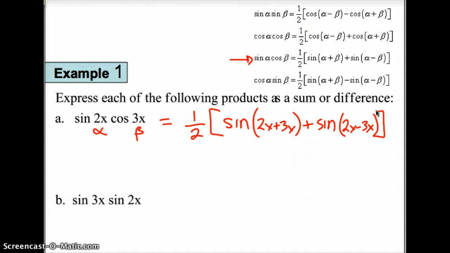So I can simplify this out just a little bit: 1/2 of the sine of 5x plus the sine of negative x.